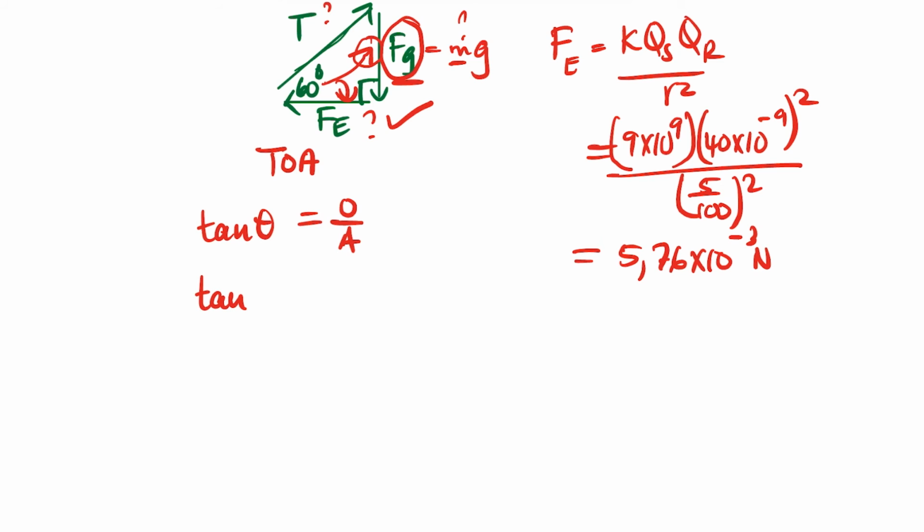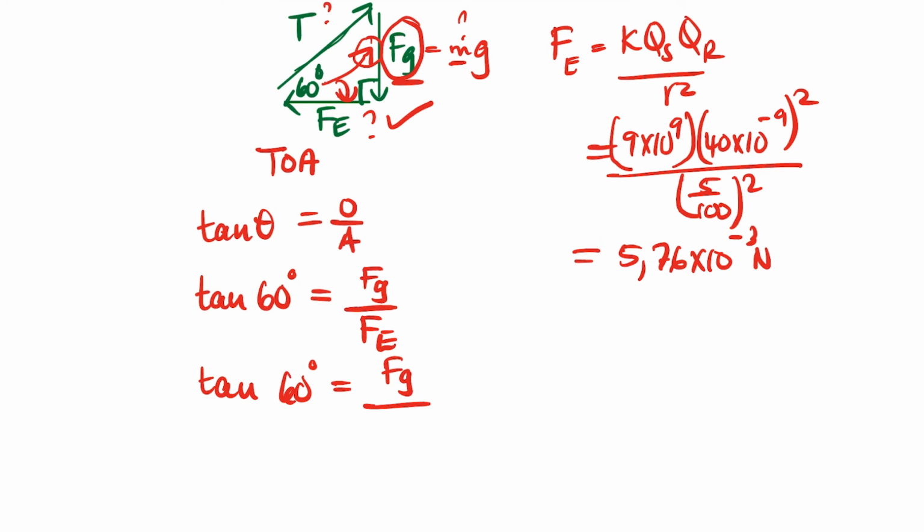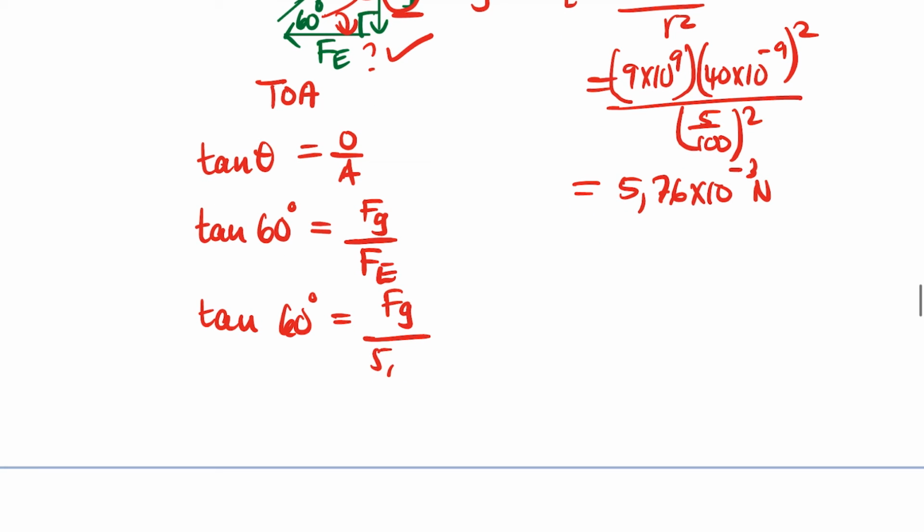So tan 60 degrees is equal to Fg, the opposite, divided by the electrostatic force, which is 5.76 times 10 to the power negative 3.